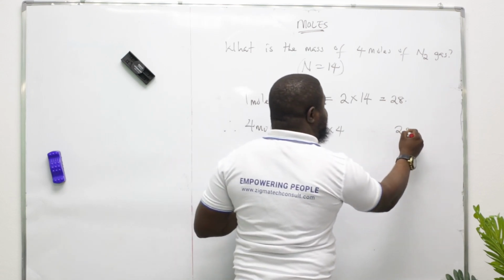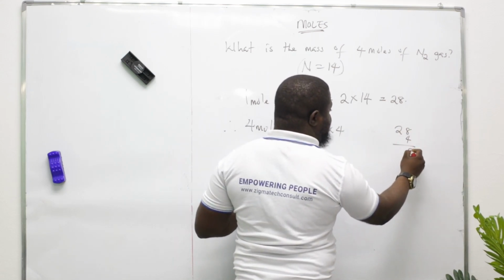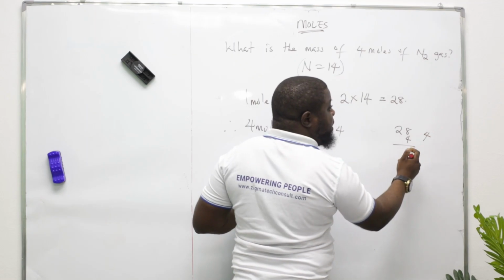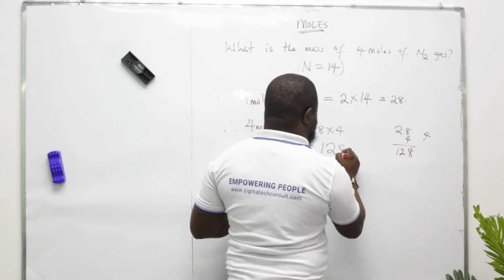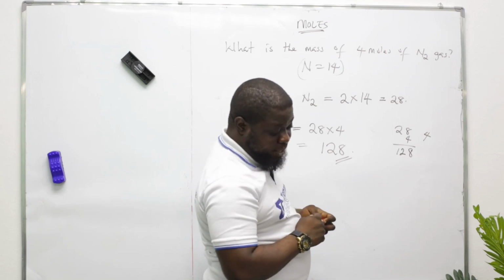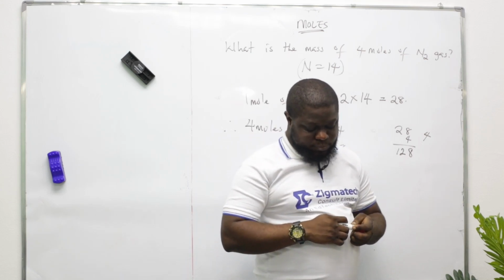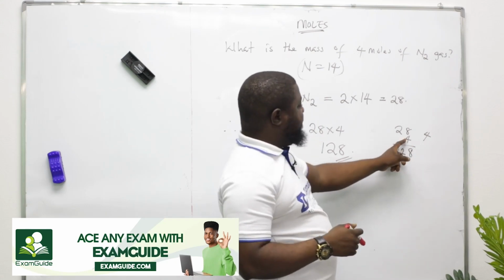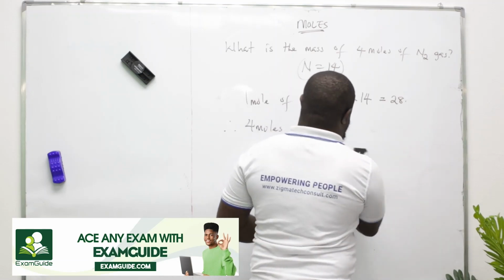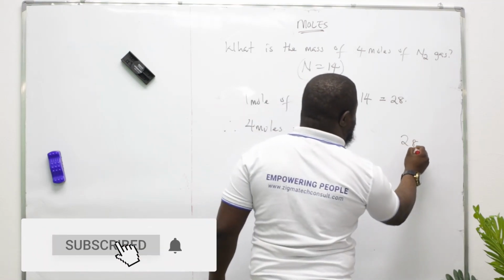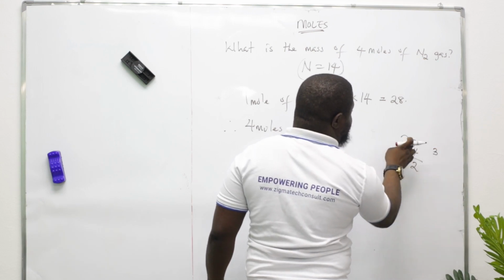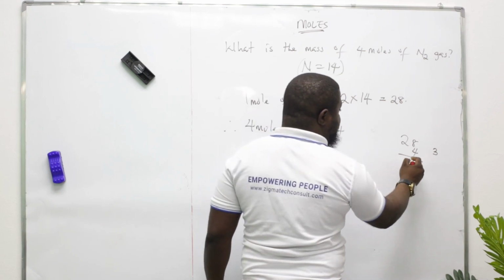Now 28 times 4. Sorry, I made a mistake. 28 times 4: 4 times 8 is 32, you carry 3. 4 times 2 is 8, 8 plus 3 is 11.